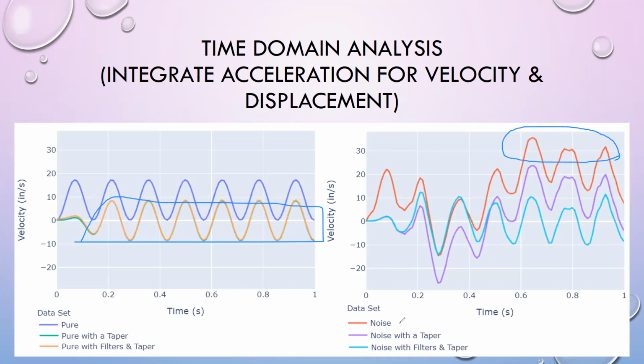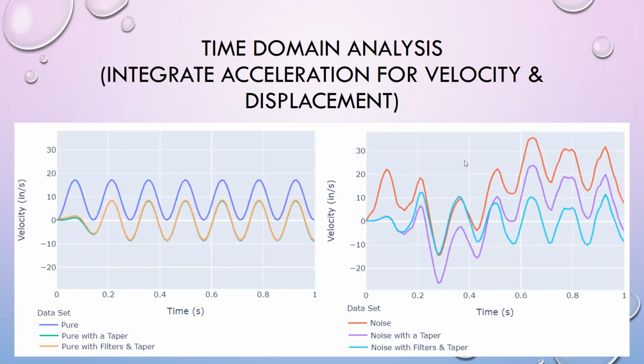For the purple one, which is the noisy signal with a taper, we modified this, but still we have some errors. But when we use the filter and taper at the same time, you can see that the results are modified and acceptable. The maximum is about 10, and this is acceptable.